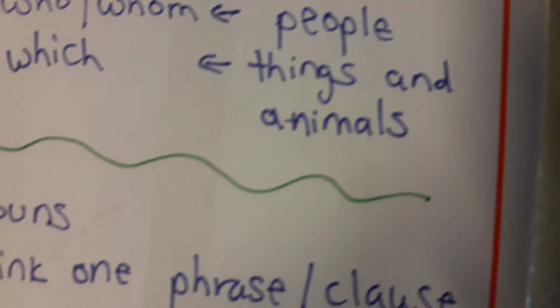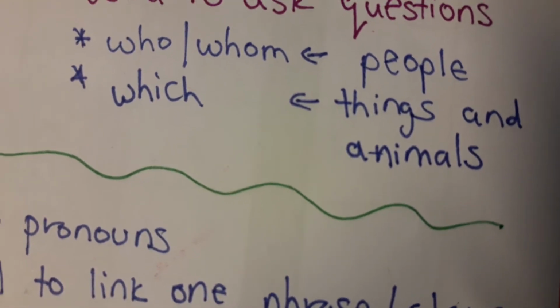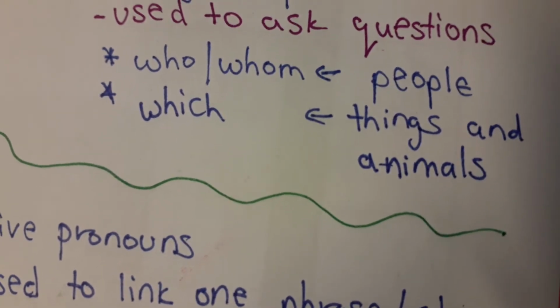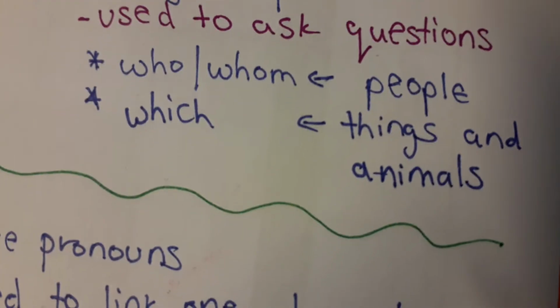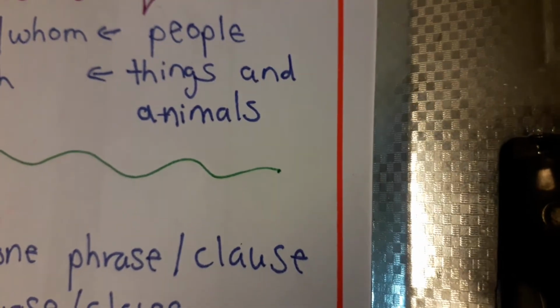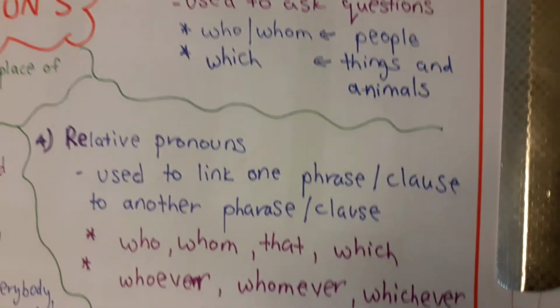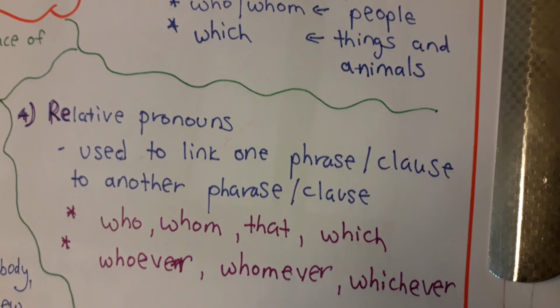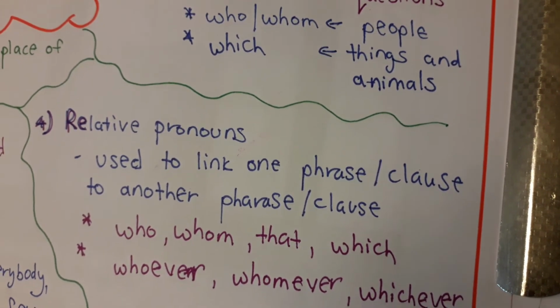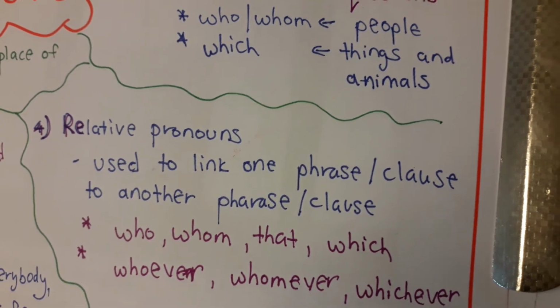For example, the words to link one could be a phrase. You have 3 words and that is a phrase. A clause has a minimum of 1 subject and 1 verb in it. So relative pronouns can be used to link one phrase or clause to another phrase or clause.